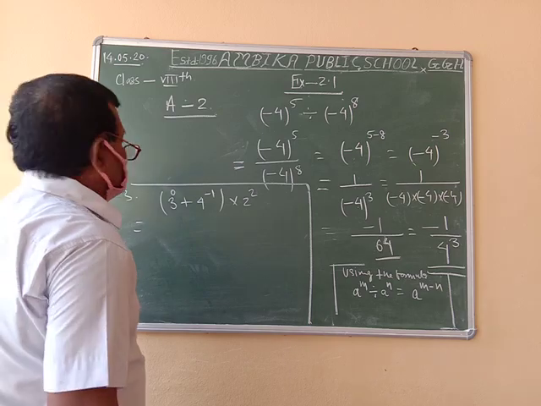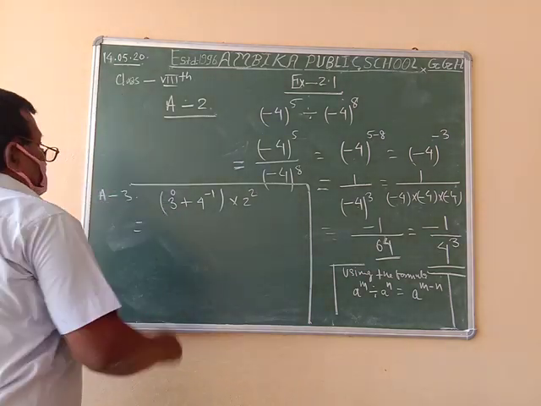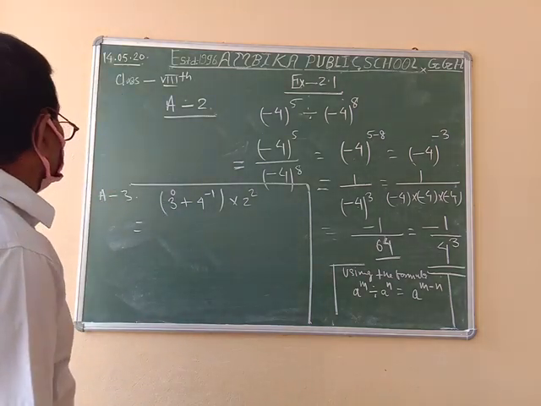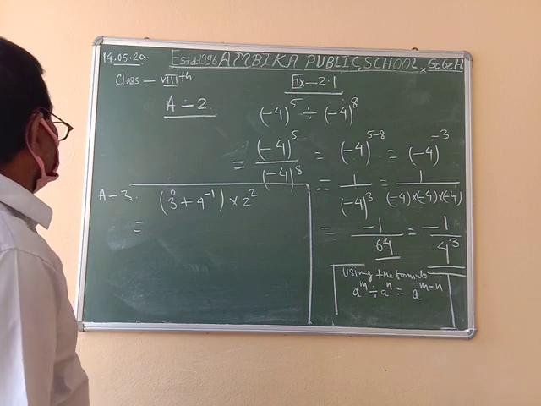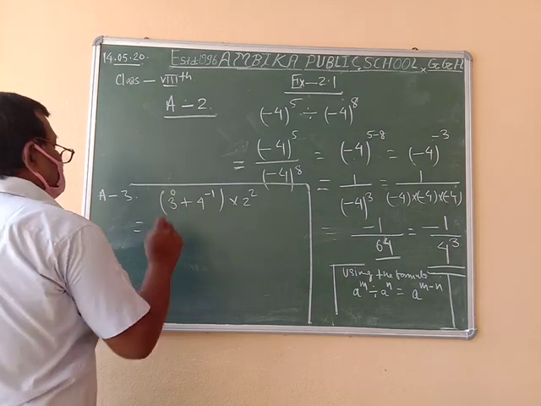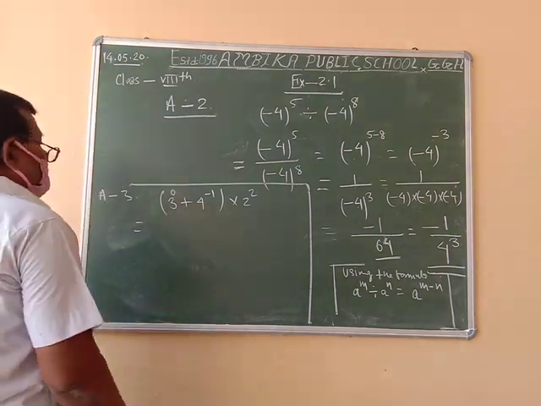We know that if the exponent is 0 of any positive integer, then its value will be 1.